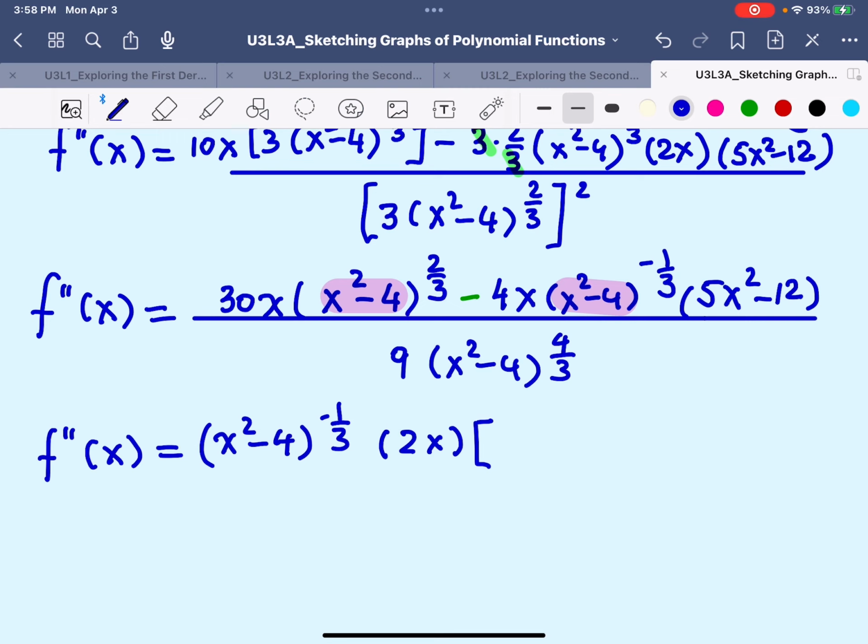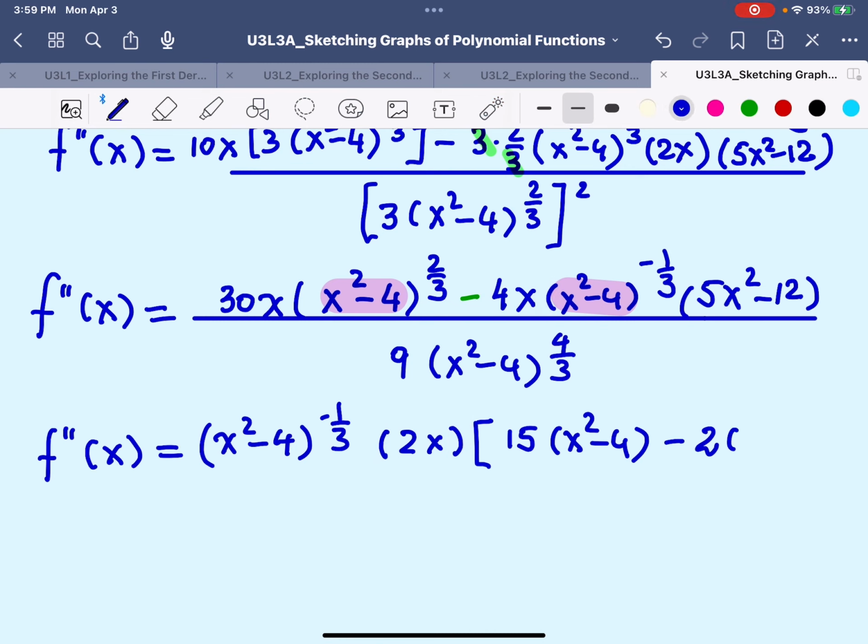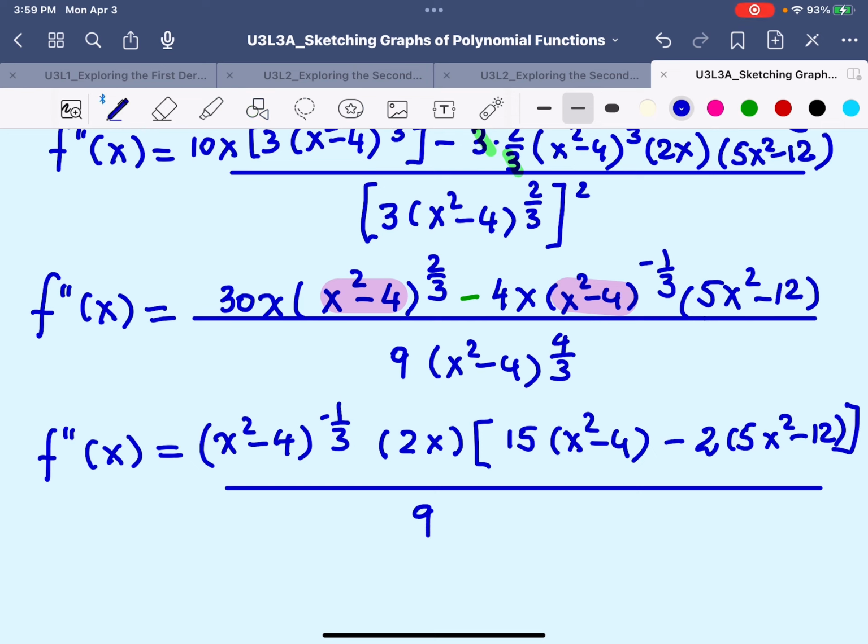And in brackets now we'll have 15 (x squared minus 4) to the power of 2 over 3 subtract negative 1 over 3, which will make 1. And then we have minus simply 2 because 2x is out. So from 4x we have just 2. This is entirely out, so 5x squared minus 12. All of it will be over 9 (x squared minus 4) to the power of 4 over 3.